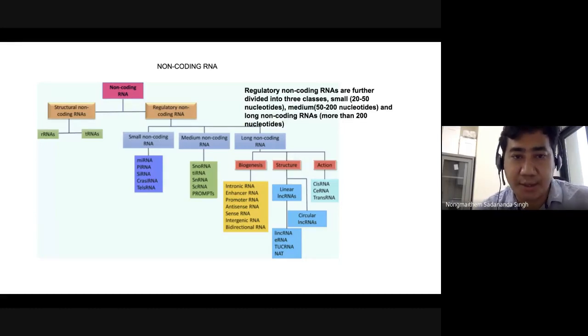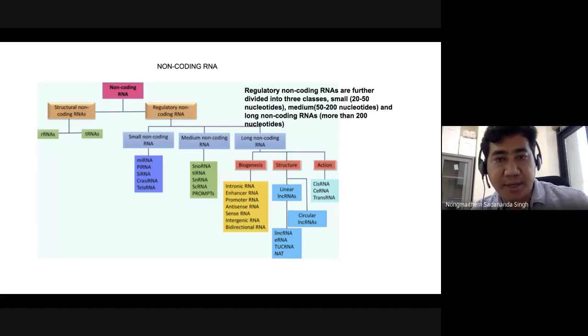small non-coding RNAs. So to go ahead, we talked last time about the long non-coding RNA, how those are generated, more of the intronic RNAs, enhancer RNAs, promoter RNAs, all those things we have talked about.